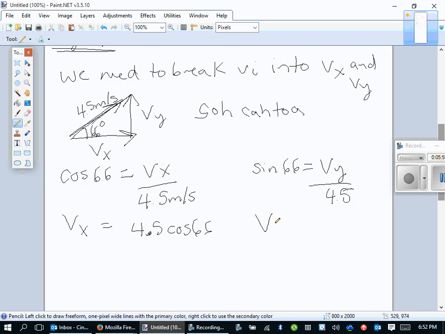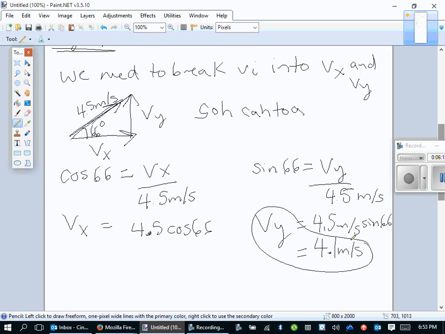So Vy equals 4.5 meters per second times the sine of 66. Solving that, we would get 4.1 meters per second. This is my initial speed in the y direction.